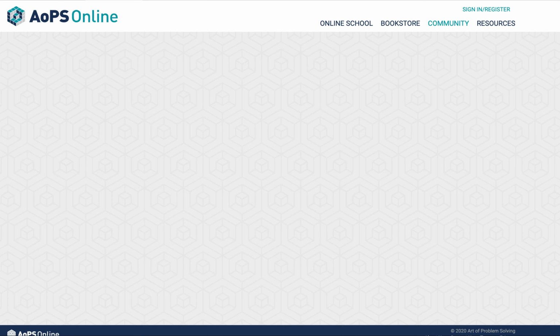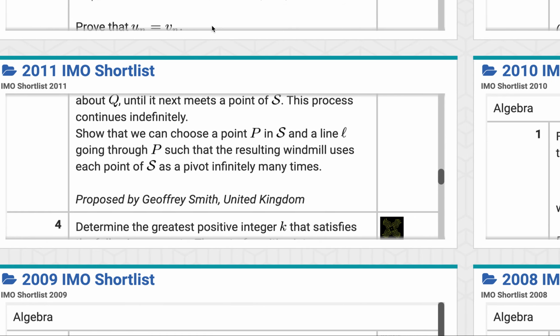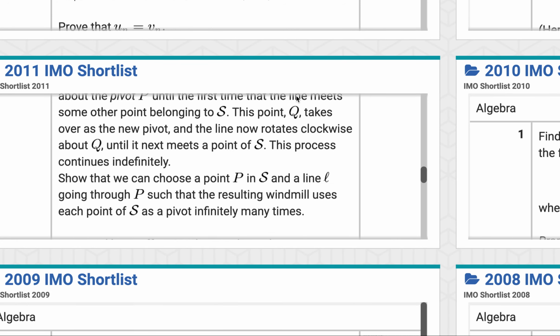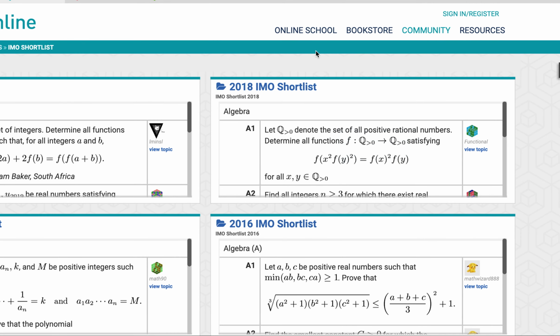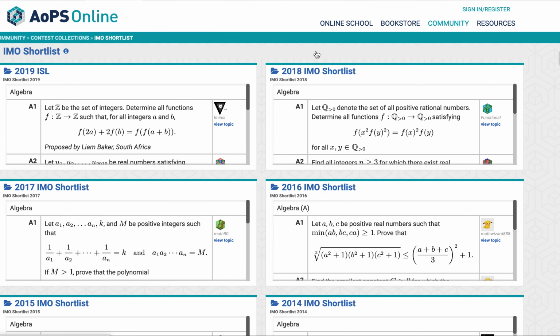So today I'll be solving a random IMO shortlist problem. Alright, so what I'm going to do is select a random problem using a random number generator.